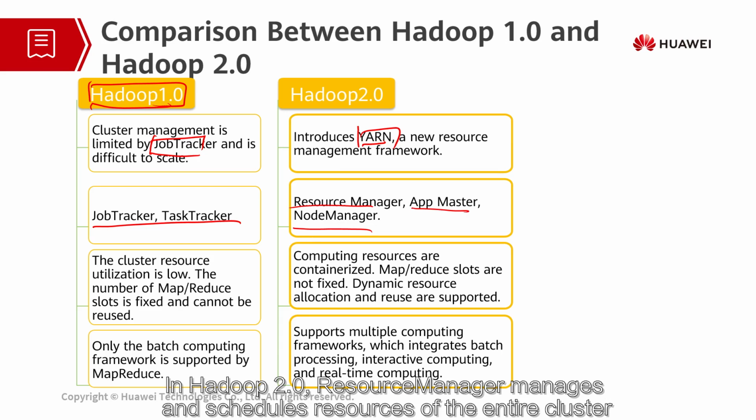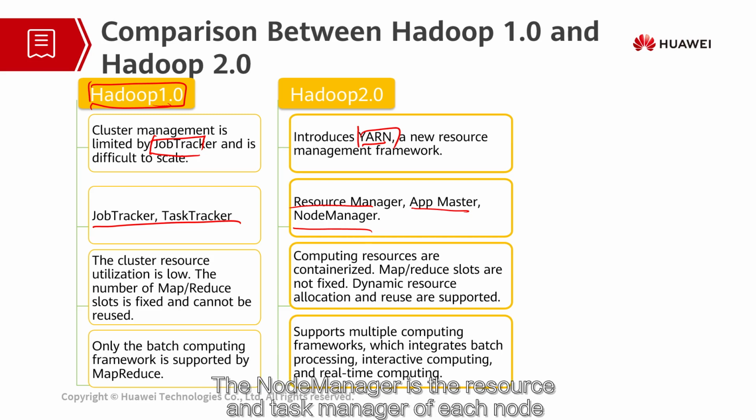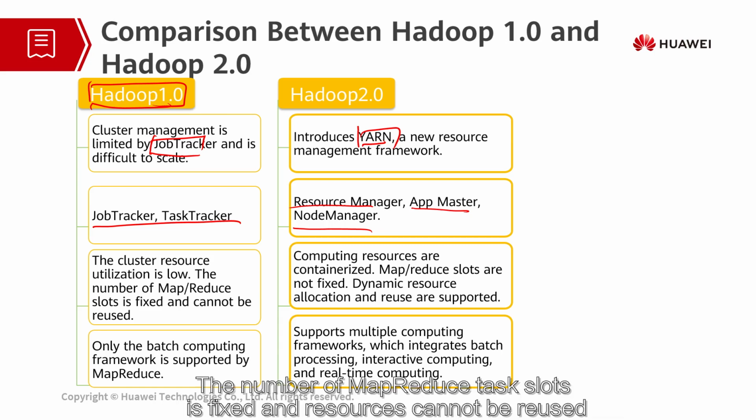In Hadoop 2.0, Resource Manager manages and schedules resources of the entire cluster, and Application Master is responsible for application-related transactions. The Node Manager is the resource and task manager of each node. So in Hadoop 1.0, cluster resource utilization is low, the number of MapReduce task slots is fixed, and the resource cannot be reused.